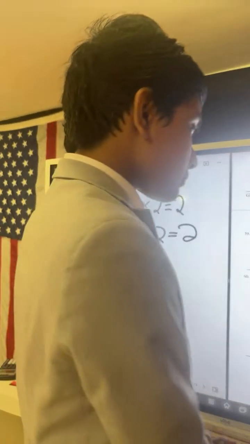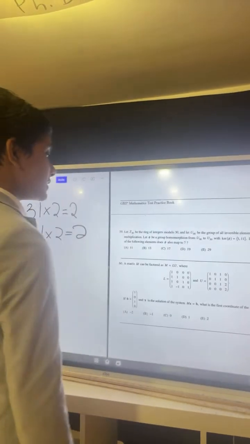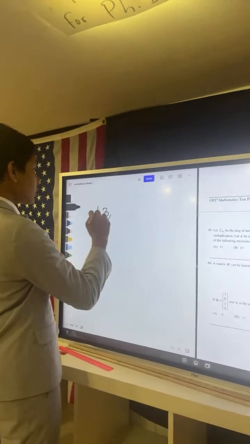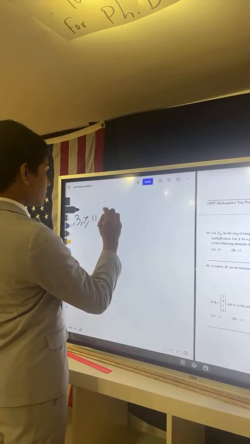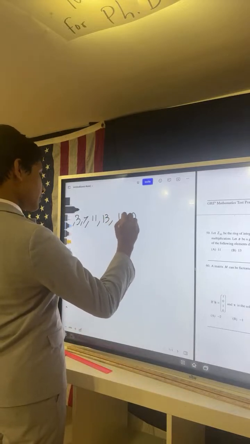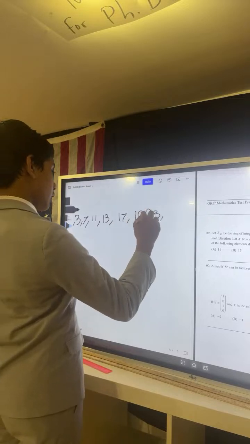So, let U30 be the group of all invertible elements in Z30 under multiplication. Now, what you can find out is that those elements are actually 1, 7, 11, 13, 17, 19, 23, and 29.